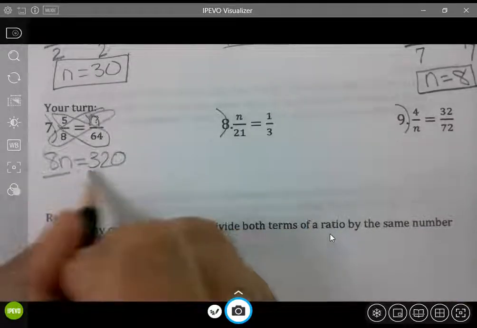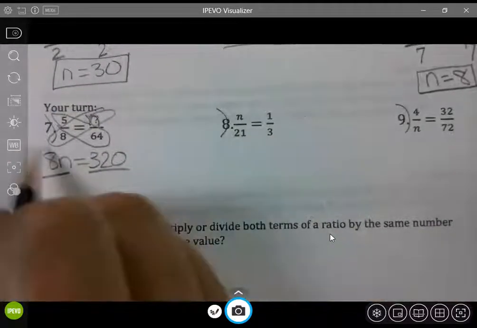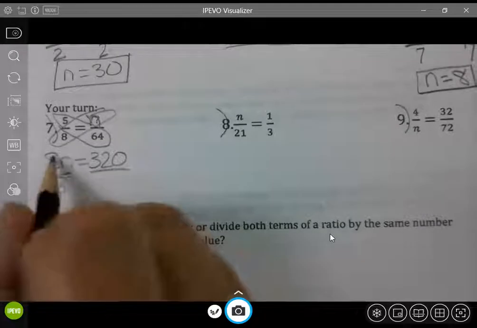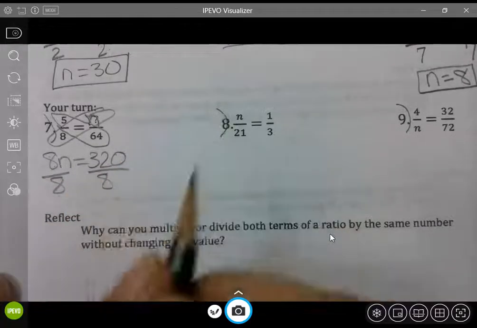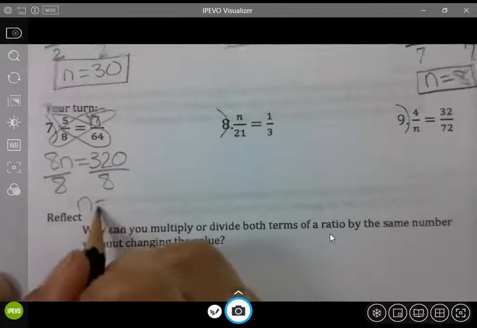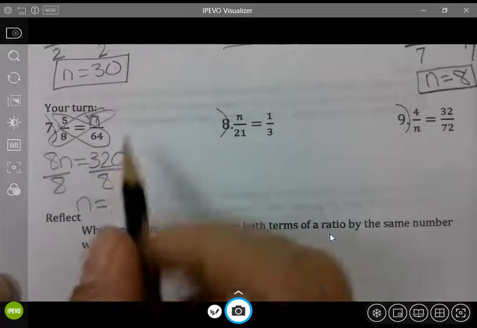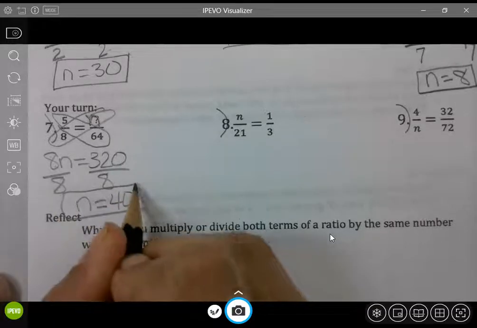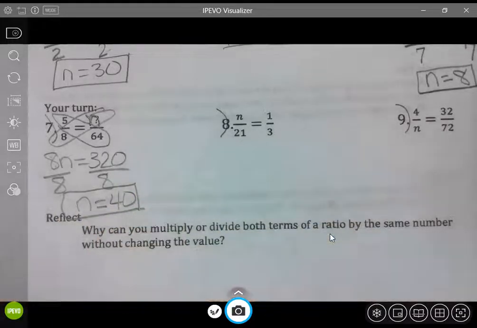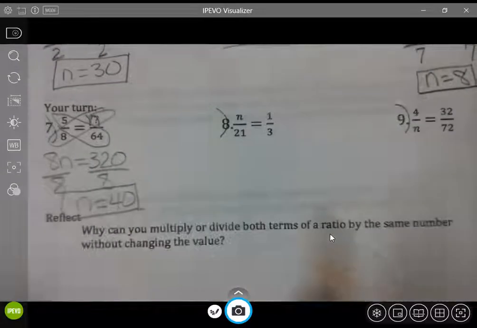Now, I did my multiply, now I do my divide. Divide by whatever number's with your n. There's an 8 with my n, so I'm going to divide both sides by 8. 320 divided by 8 is going to be 40.